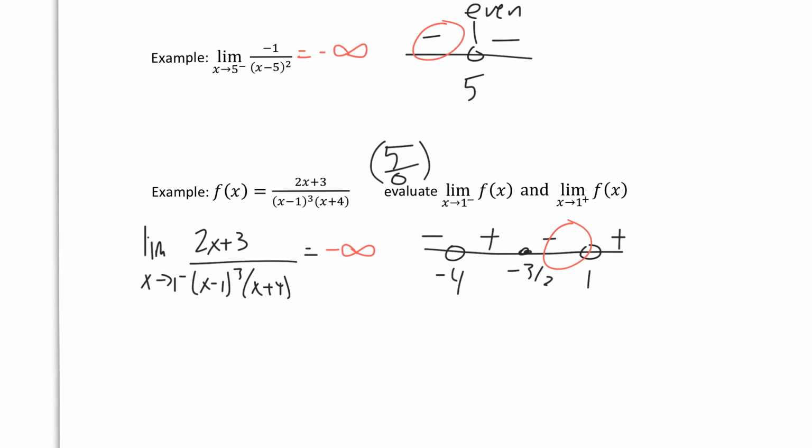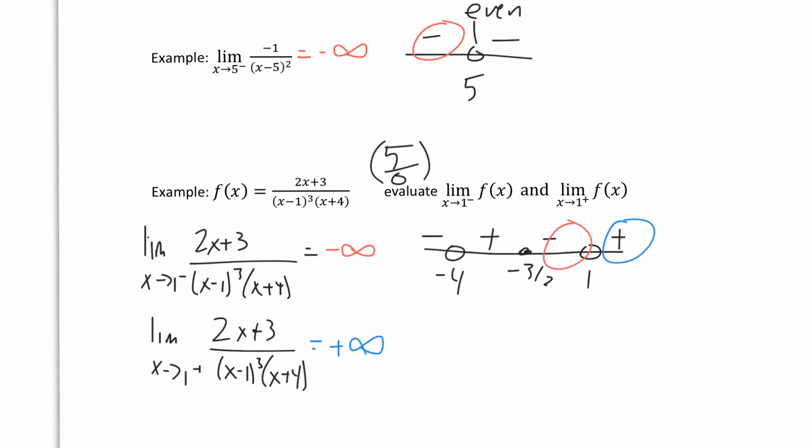And if we do the limit as x approaches 1 from the right of (2x plus 3) over (x minus 1) cubed times (x plus 4), now we're going to be looking at the right of 1, so we're going to get positive infinity.